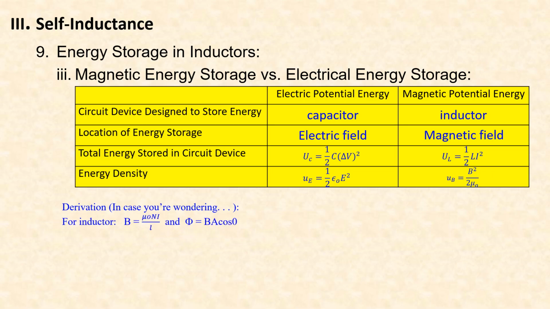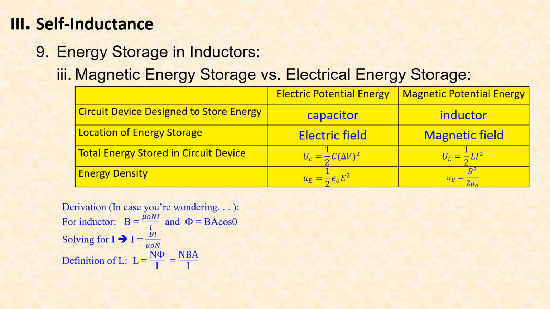For the inductor, we said that the magnetic field can be expressed like this, and from our definition of magnetic flux for a uniform solenoid or inductor, solving our expression for magnetic field for the current, we get this expression. And using our definition of self-inductance, we come up with this expression that we've seen previously.